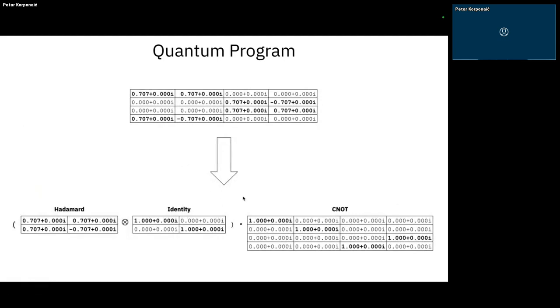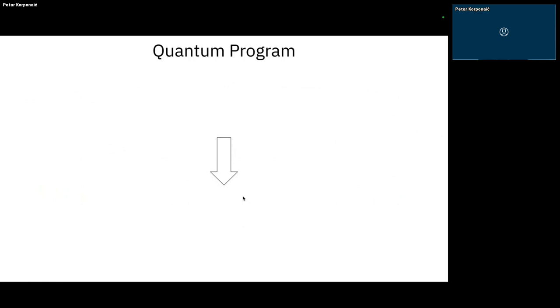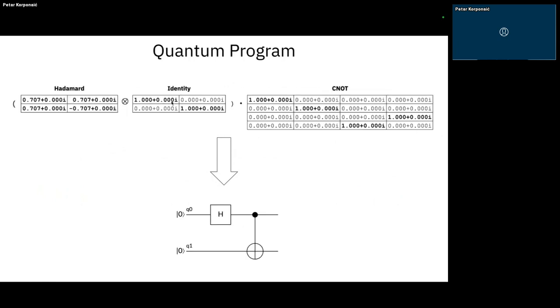Because dealing with matrices will be very complicated. So for human, it will be impossible to do, especially with larger matrices, and matrices can be giant, you know. So because every matrix has a symbol, a quantum program can be expressed as a quantum circuit, this handy diagram where we have qubits.